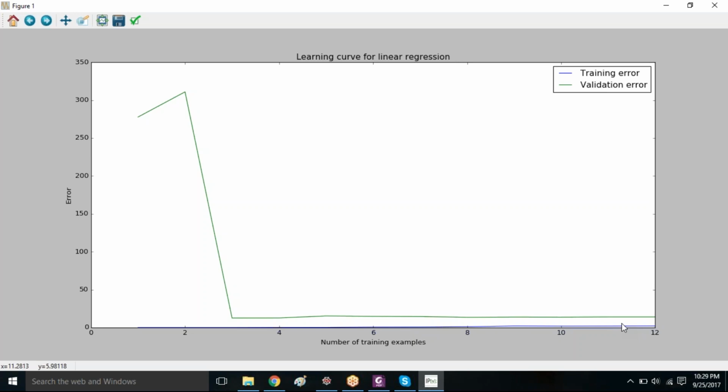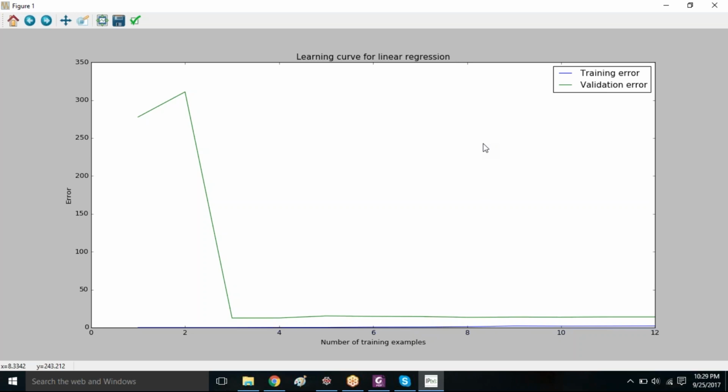So this is what degree 2 will give you. Degree 1 we have seen is a high bias scenario where training error and validation error were both high, around 50. In this scenario with degree 2, the training and validation error both have gone down.